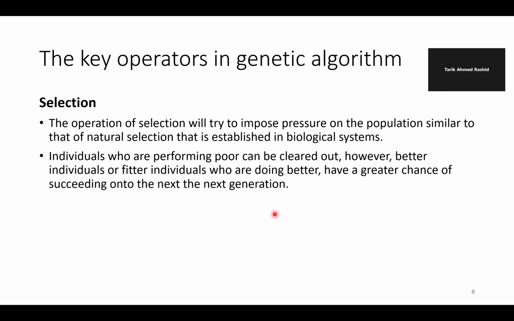Key operators, selection. The operation of selection will try to impose pressure on the population, similar to the natural selection established in our biological systems. Individuals who are performing poorly will no longer be able to survive.